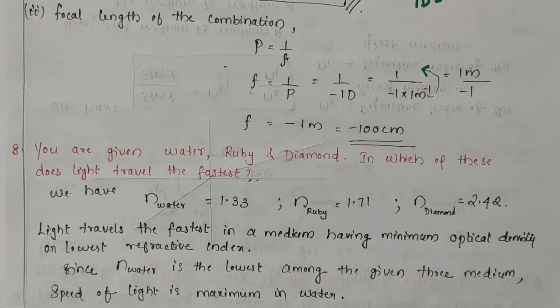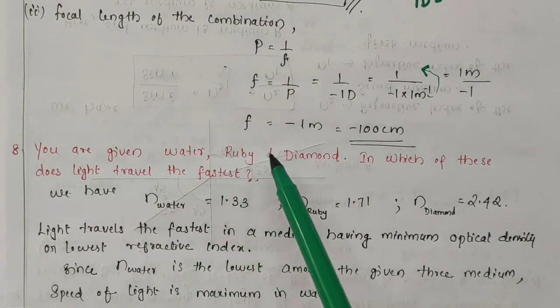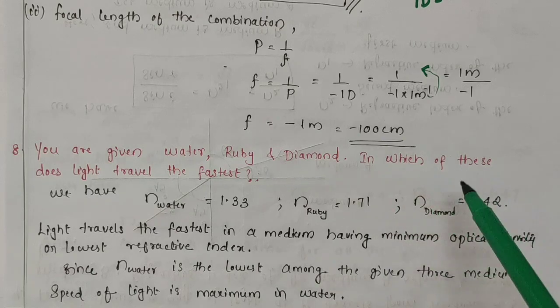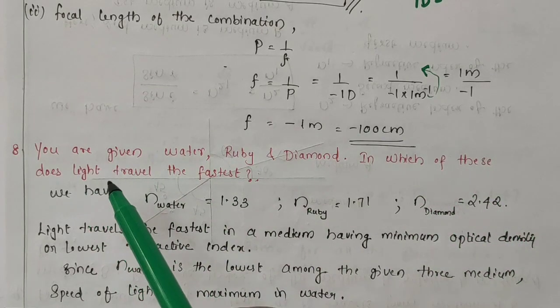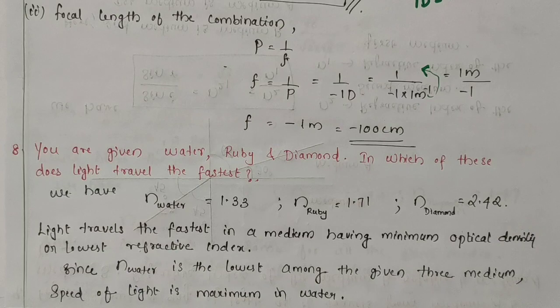Now let us see the next question. You are given water, ruby and diamond. In which of these does light travel the fastest? See, refractive index of water is 1.33, refractive index of ruby 1.71, refractive index of diamond 2.42.